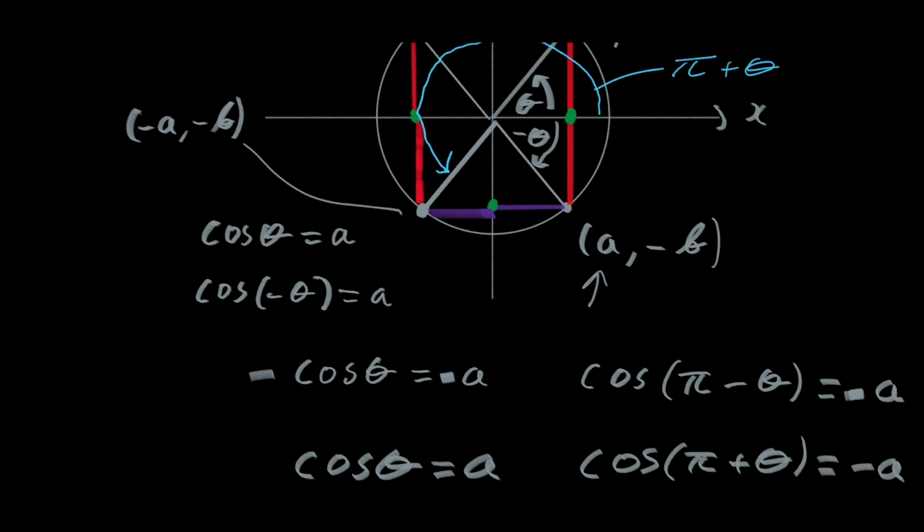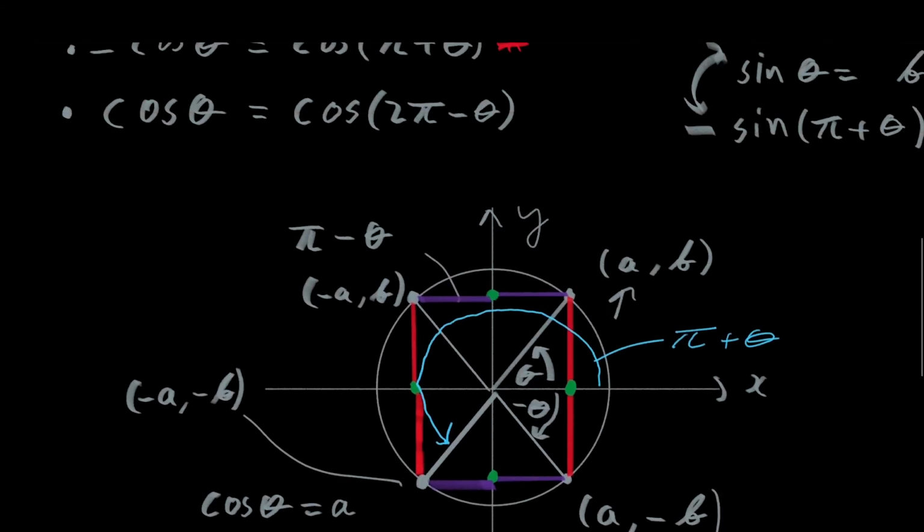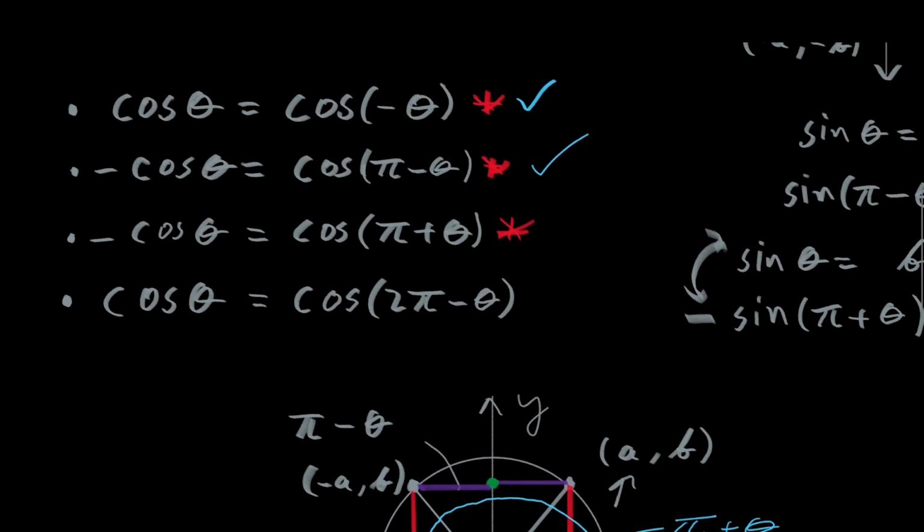All right, and if we multiplied both sides of this equation by negative 1, we would have the negative cosine of theta equal to negative a, and since they are both equal to negative a, these must be equal, negative cosine of theta and the cosine of pi plus theta. So, as long as I've remembered which identity I'm explaining, which I have, unlike last time, that takes care of this one.